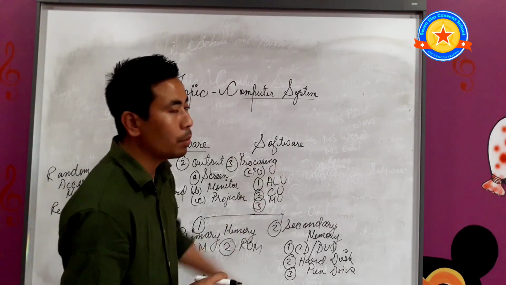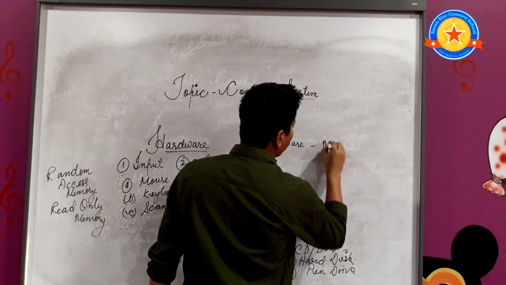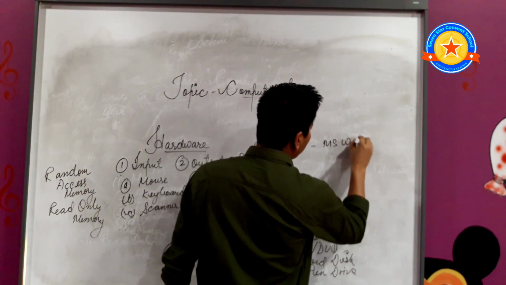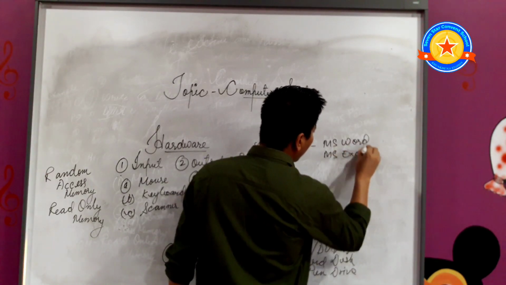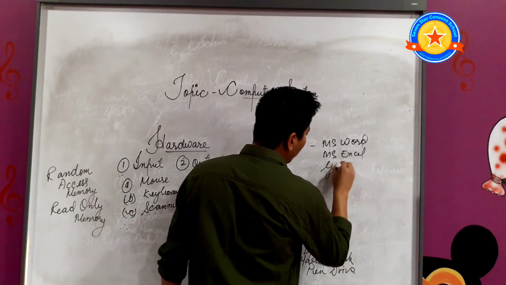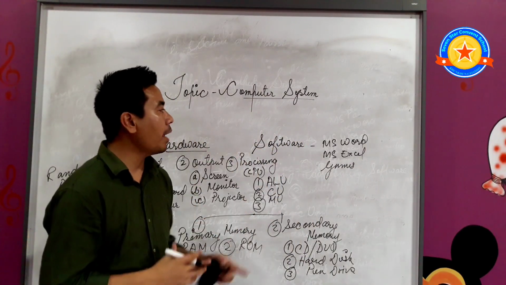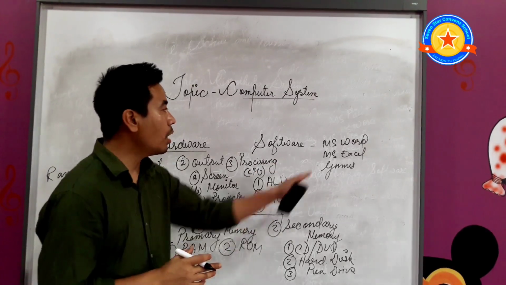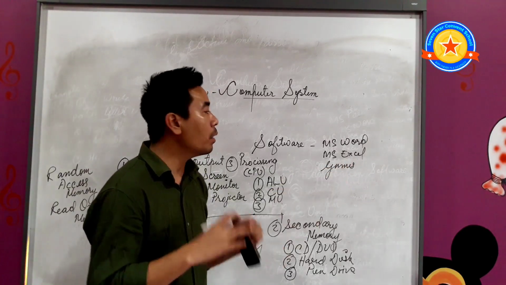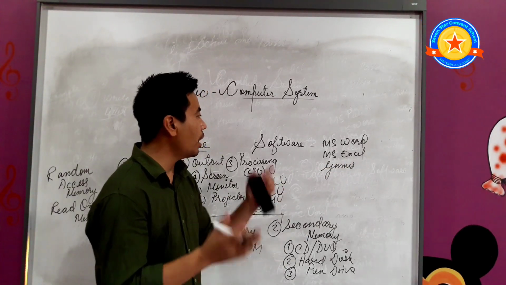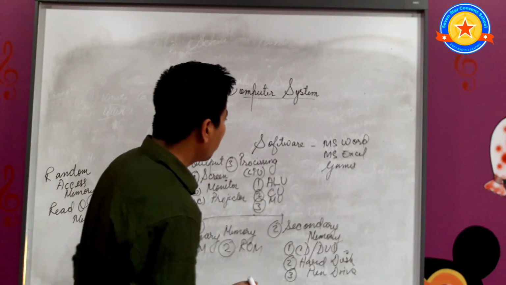Some examples of software are: MS Word, MS Excel, games, etc. These are examples of software. MS Word, MS Excel, and games we cannot touch. That is why it is known as software.